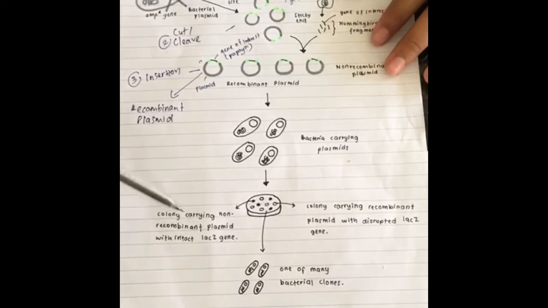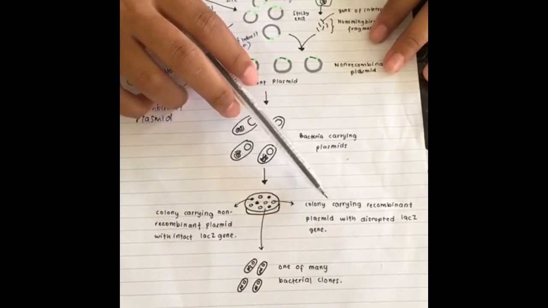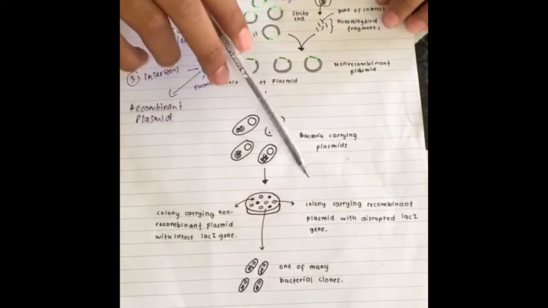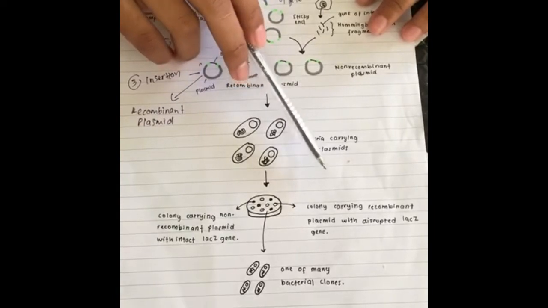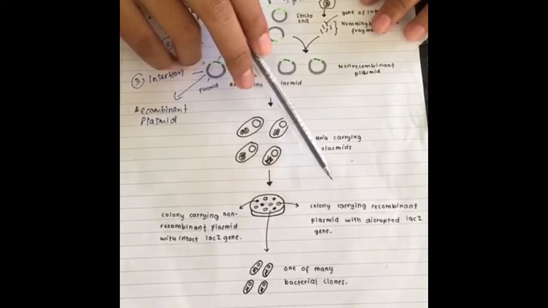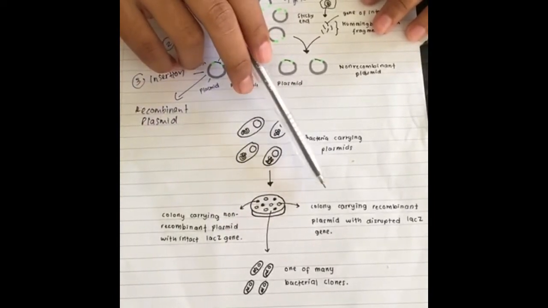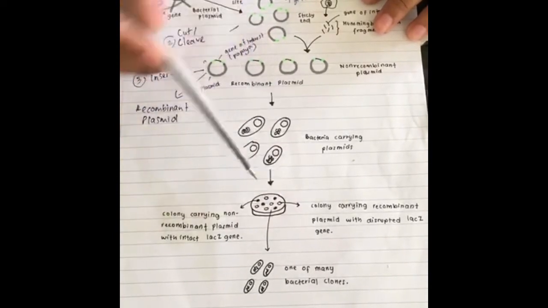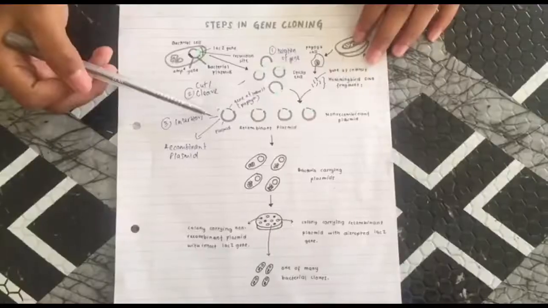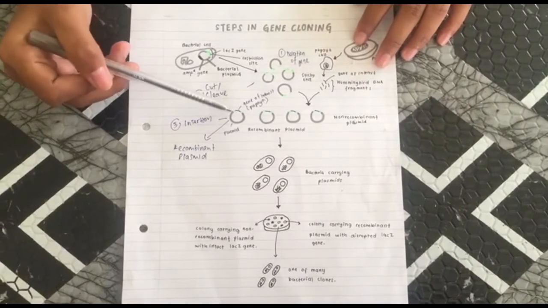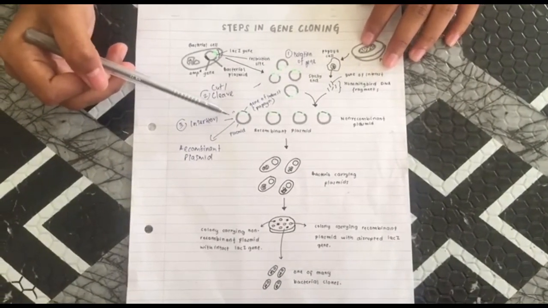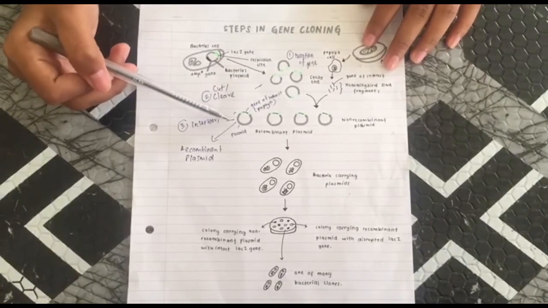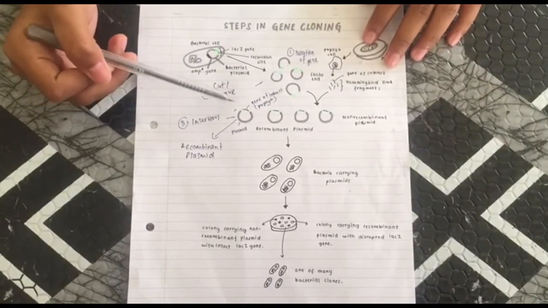Colonies with recombinant plasmid do not contain intact lacZ. They also cannot produce beta-galactosidase and cannot hydrolyze X-gal. Okay, the recombinant DNA is then joined by the DNA ligase, which catalyzes the formation of phosphodiester bonds to form recombinant DNA.